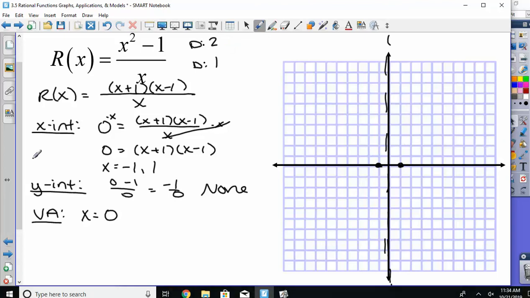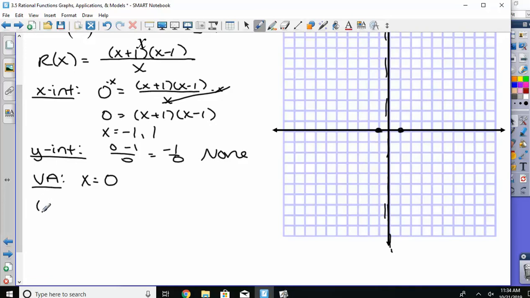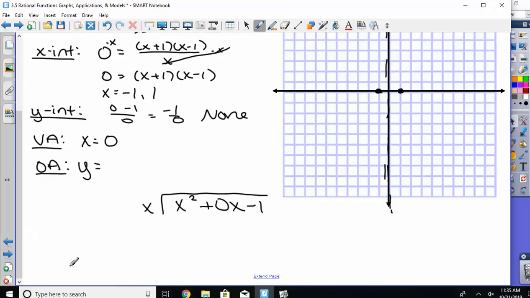To find oblique, we do long division. So this will be an oblique, so it should be y equals mx plus b. So my top was x squared minus 1. Denominator is just x. X squared divided by x is x.